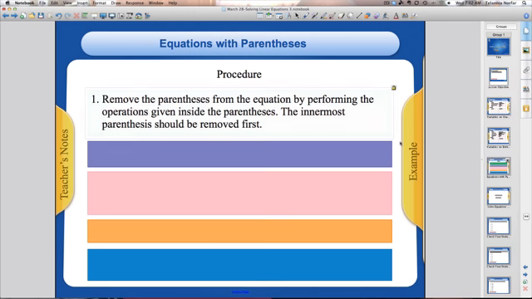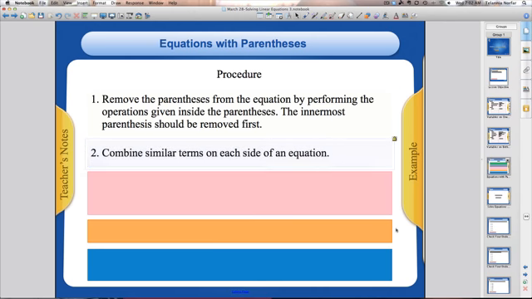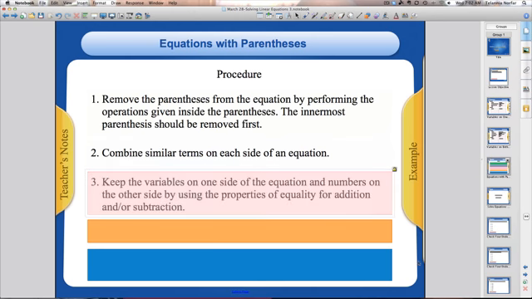So first we have to remove the parentheses from the equation by performing the operations inside of it, just like order of operations. Then we have to combine similar terms on each side of the equation. We have to keep the variables on one side of the equation and numbers on the other side by using the properties of addition and subtraction, just like variables on both sides.